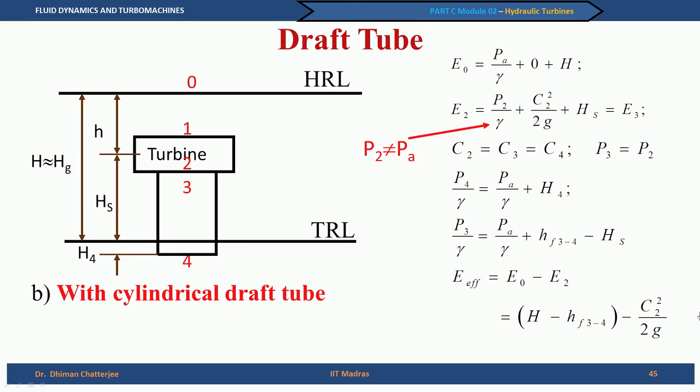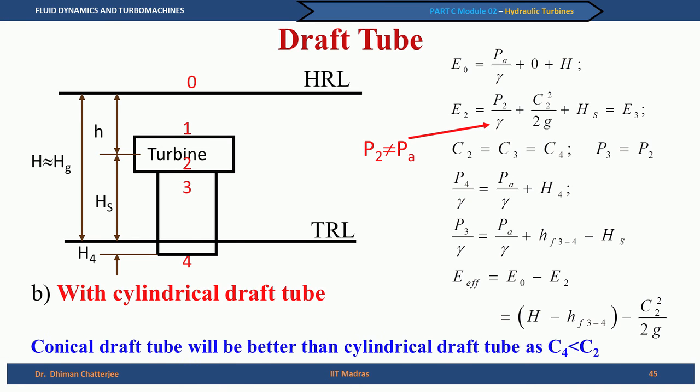By the introduction of the cylindrical draft tube, we are incurring a frictional head drop, but what we have saved is we can now place the turbine anywhere above the tail race level without any loss of this potential energy term, which was earlier present. We have served the second objective or second function of the cylindrical draft tube.